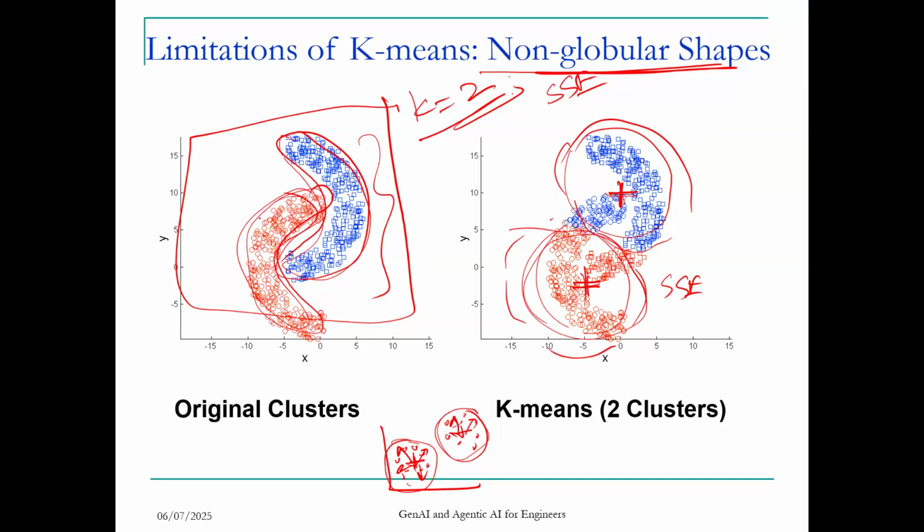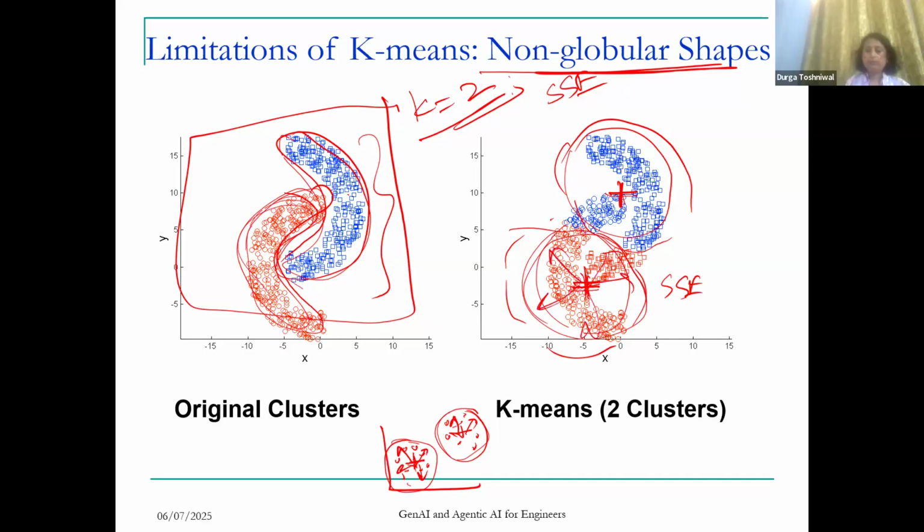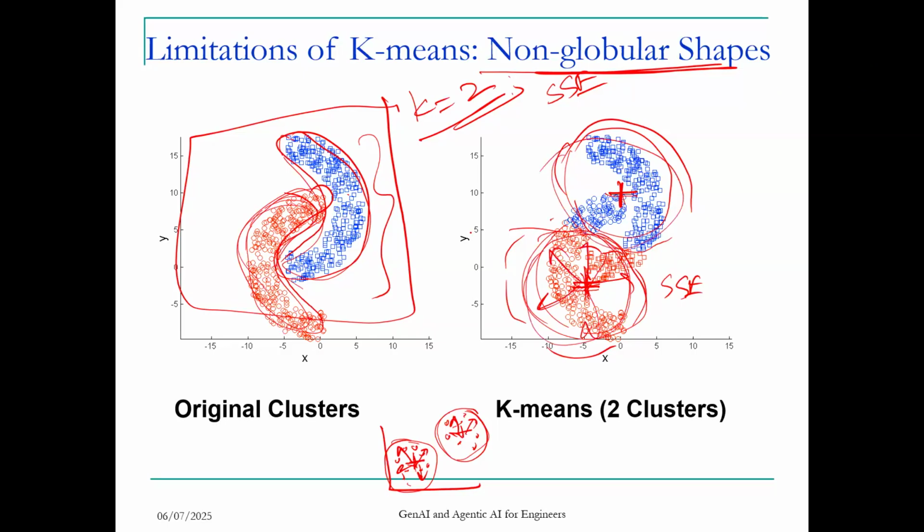So how will it work on this data? It cannot find a mean of this, because the mean will always have the notion of a center, and all the points within the radius are going to be part of one cluster. So it will form clusters like this. Therefore, it's not very useful for this kind of arbitrarily shaped data. It's good for data which has this kind of shape.